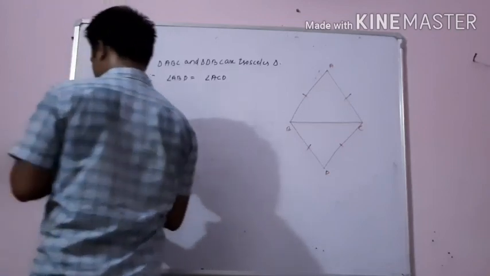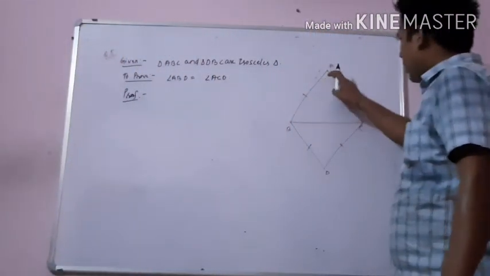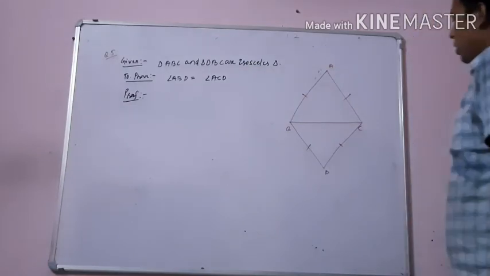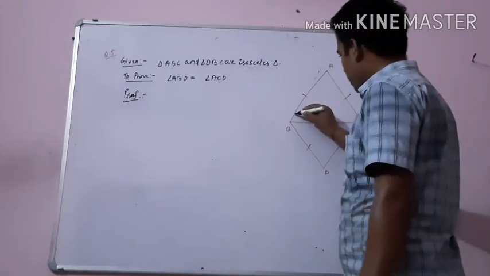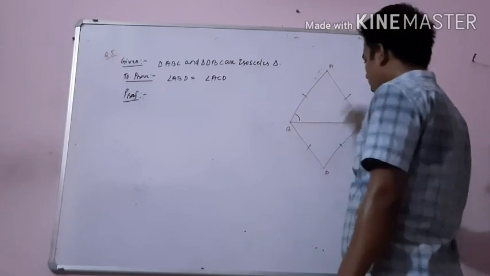What we have? ABC is an isosceles triangle. When ABC is isosceles, this angle and this angle will be equal. Why?